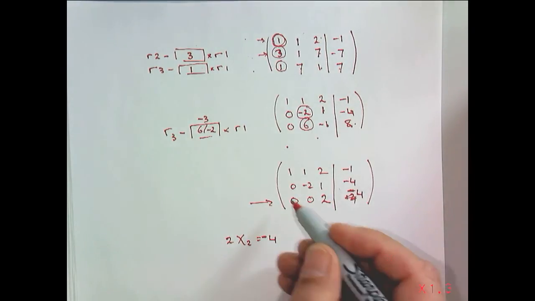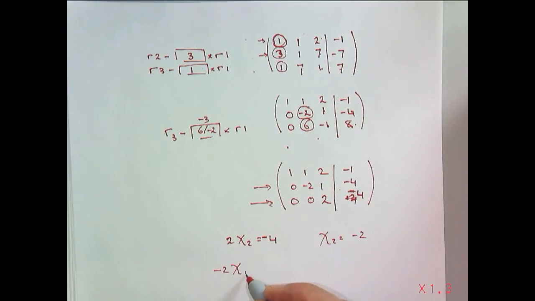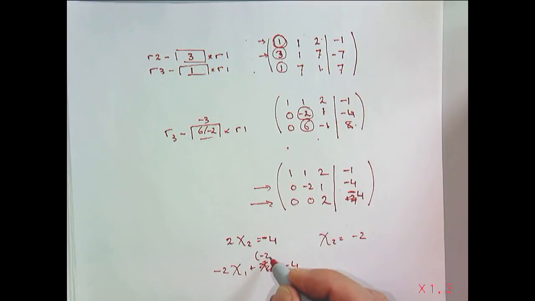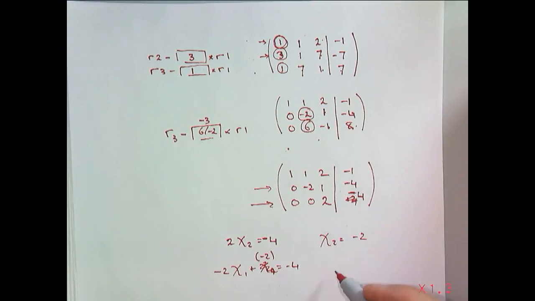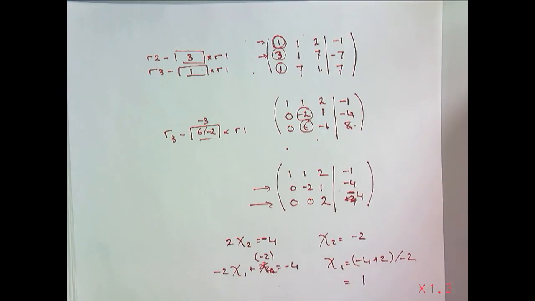And then you look at the second row, and that represents minus 2 times chi1 plus chi2 is equal to minus 4. And of course we know that chi2 is equal to minus 2. So therefore we get that chi1 is equal to minus 4 plus 2 divided by minus 2. And that's equal to positive 1.